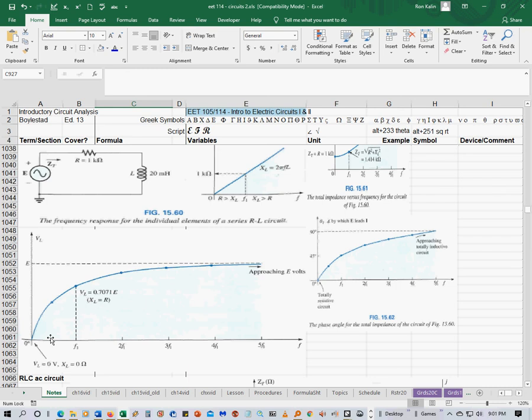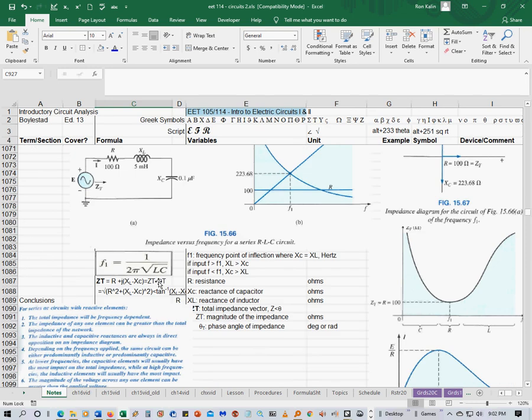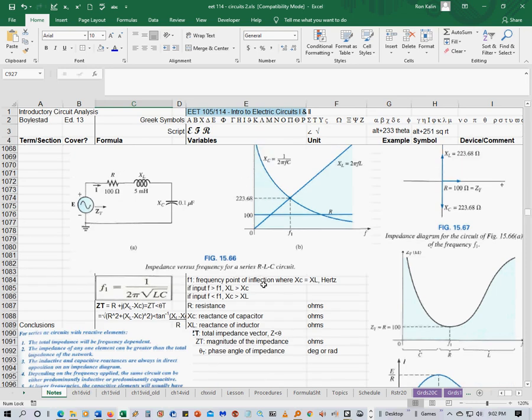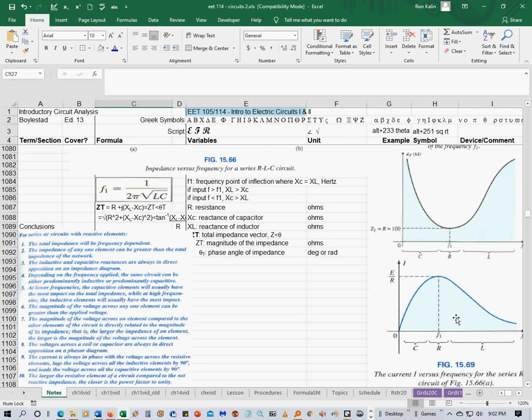And then the voltage across the inductor is going to rise up as frequency increases to the maximum value of E. And the phase angle in a similar fashion goes up to just about positive 90. And then you have the same thing for an RLC circuit. It talks about the frequency point of inflection where XC equals X sub L. And then we're going to start talking about filters in here.